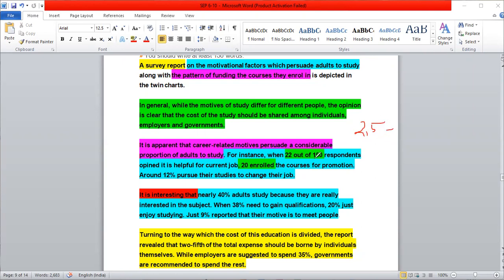If it is independent like this, if you're writing independent figures like this, and if it is under 10, if it is less than 10, please write in words. And if it is not independent, so if it is a percentage, 1.2%, you can write it like that. So 40% or 8%, you can write it like that.